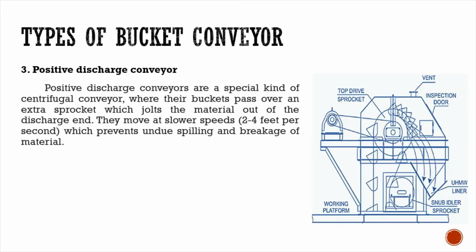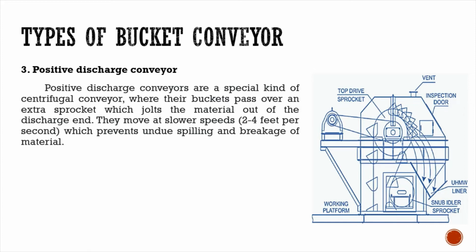And lastly, a positive discharge conveyor. Positive discharge conveyors are a special kind of centrifugal conveyor where their buckets pass over an extra sprocket which jolts the material out of the discharge end. They move at a slower speed, 2 to 4 feet per second, which prevents undue spilling and breakage of material.